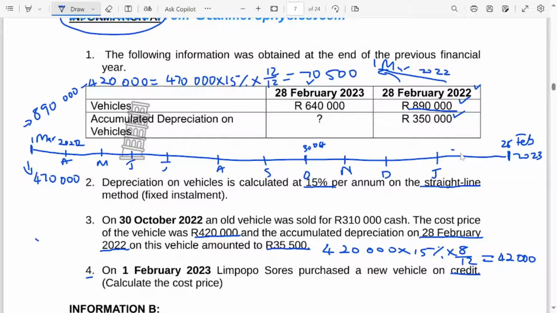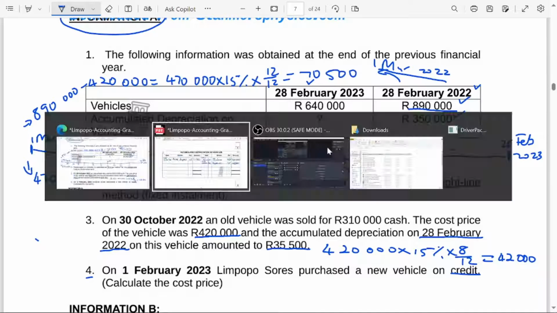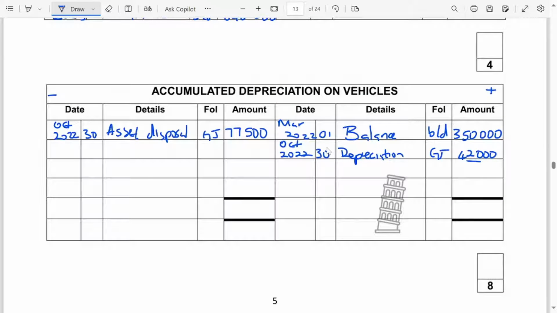So it means that we must go to the accumulated depreciation and increase it with this amount. Right? So we must go and increase it with the 70,500. So it's a depreciation. This is on 28 February 2023.